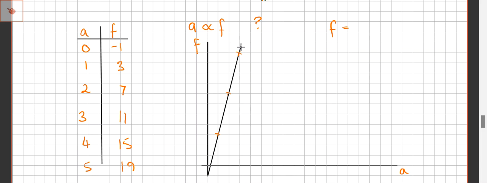F equals 4A minus 1. Remember y = mx + c, gradient, rise over run, 4 over 1. Where does it cross? It crosses at -1.